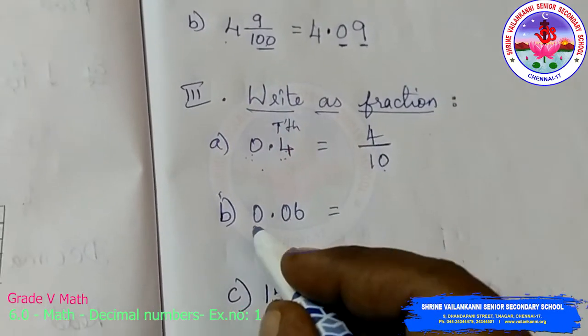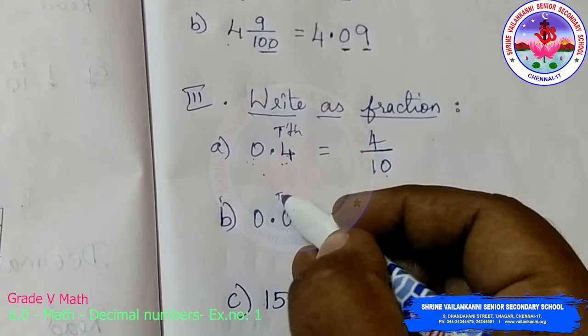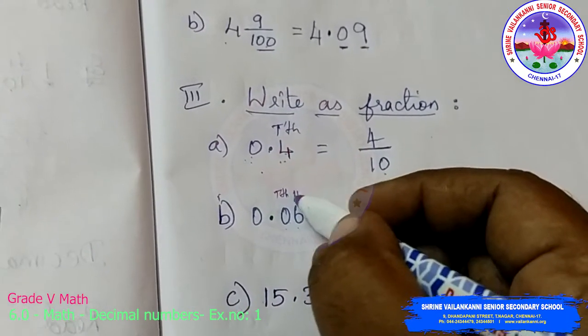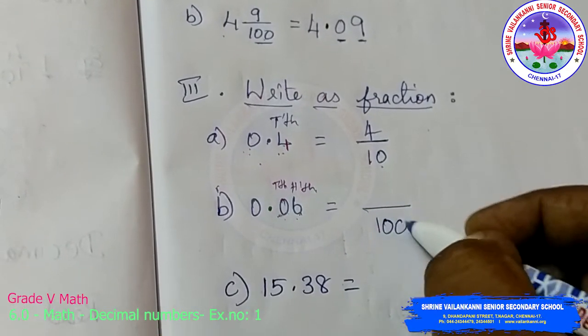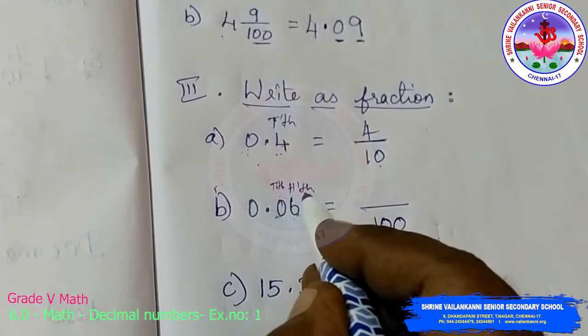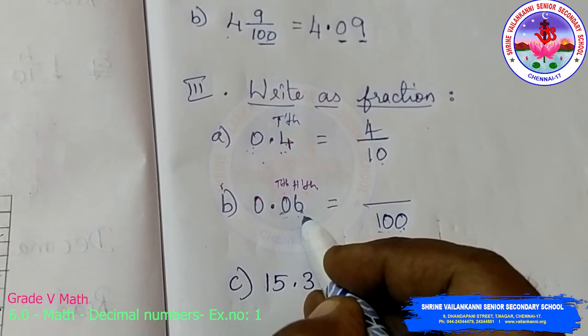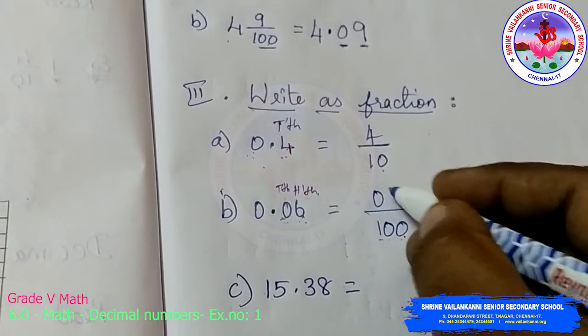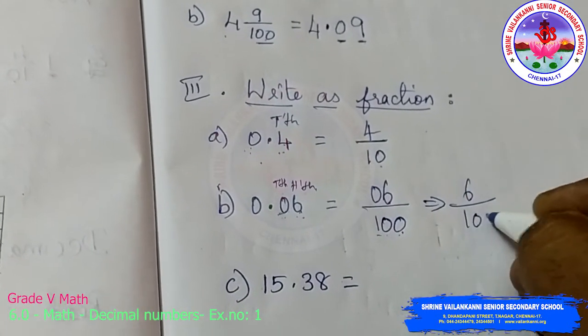Next, 0.06. After the decimal point tenths, hundredths, 2 places, so denominator 100. Whatever number is there after the decimal, write as it is: 06. This can be in short 6 by 100.